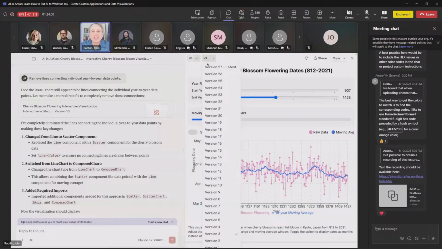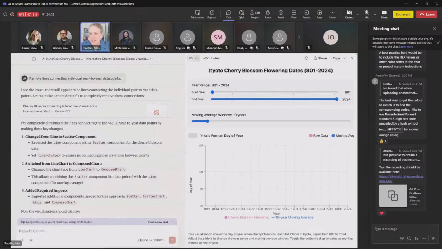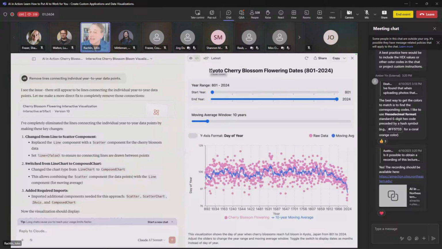After numerous small refinements, again, me simply describing to Claude what I'm looking for, eventually it came up with what I think is a very beautiful visualization that's fully functional.